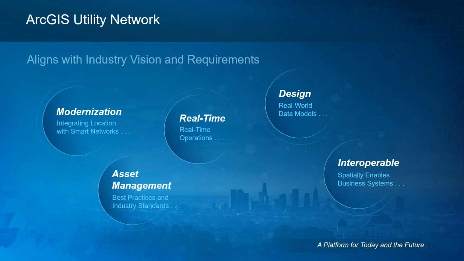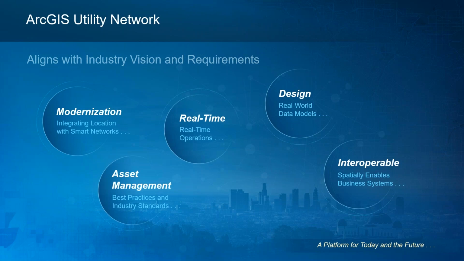All of this lends to better asset management across the board. Aligning with best practices and industry standards, organizations will be able to achieve much better asset management through using the utility network. And then this is also interoperable because the utility network is a services-based approach to serving out the information.